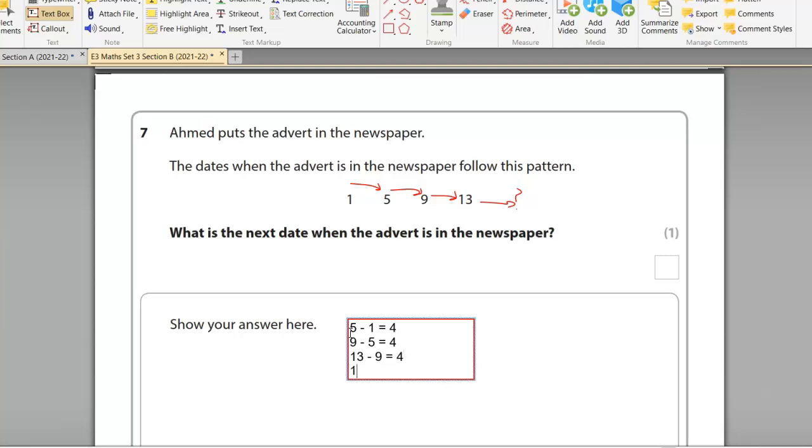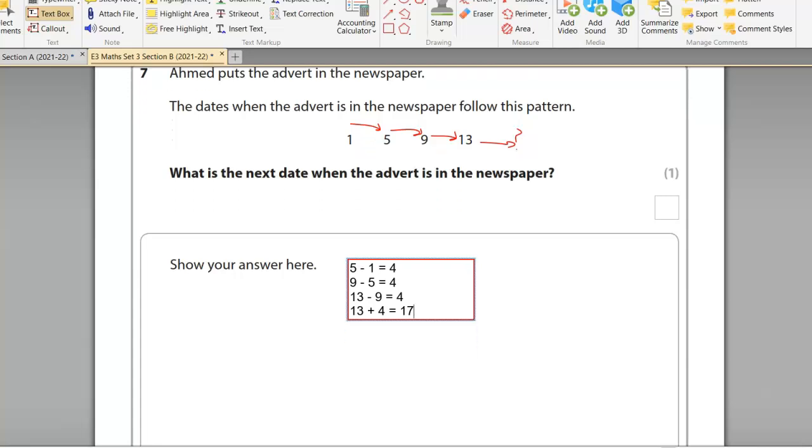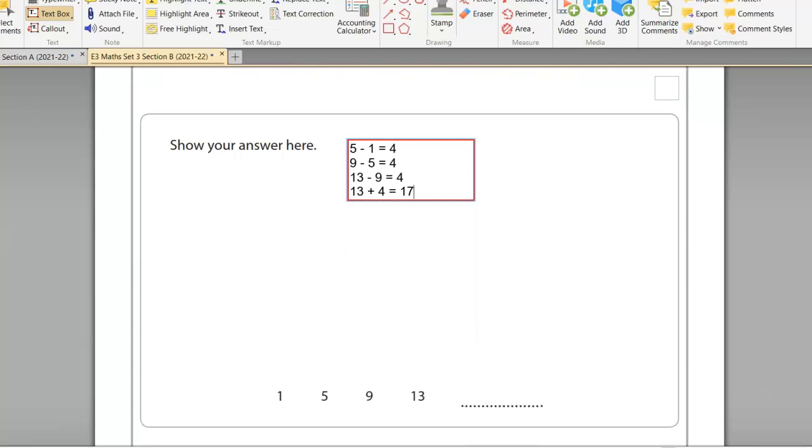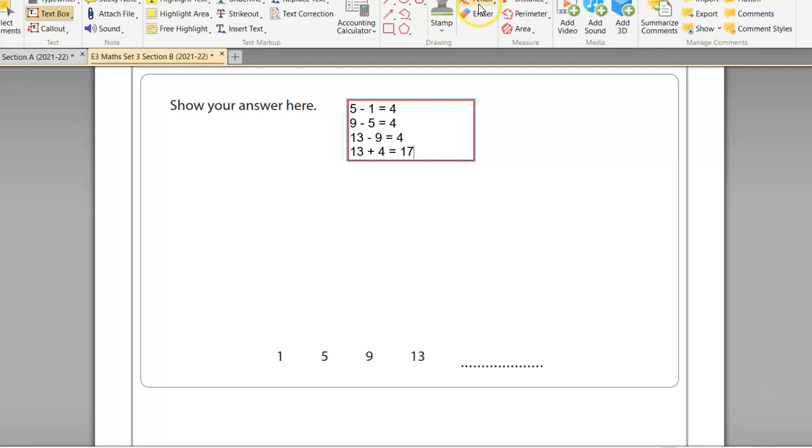So therefore the next number has got to be 13 plus 4 is 17. So the next date is going to be 17. So on this line down here, you need to write 17.